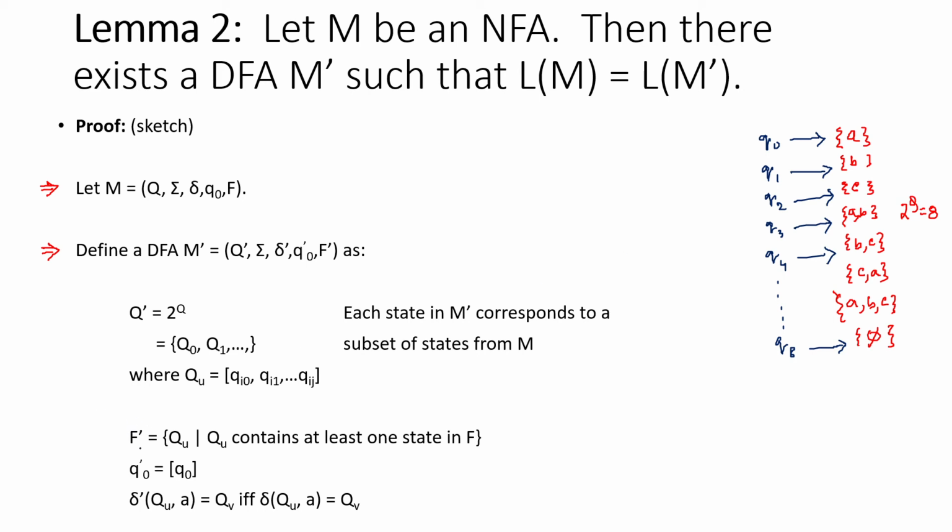And we can represent this f dash, that is the final state, as qu, such that this qu contains at least one state in f. What I mean?